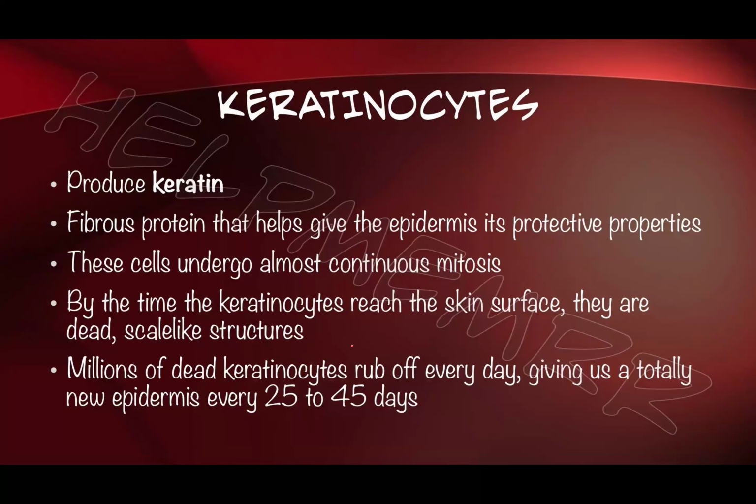All right, let's start with keratinocytes. They're going to produce keratin. That keratin is a fibrous protein that gives protection. Now, what happens is these keratinocytes, the ones that are closer to the bottom, are going to go through mitosis.